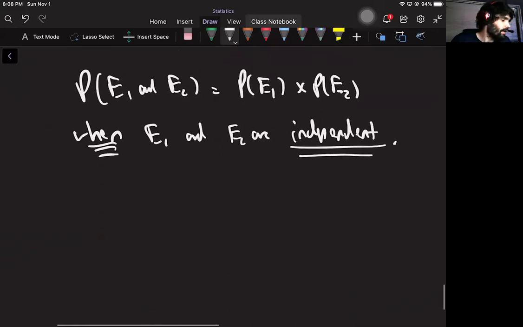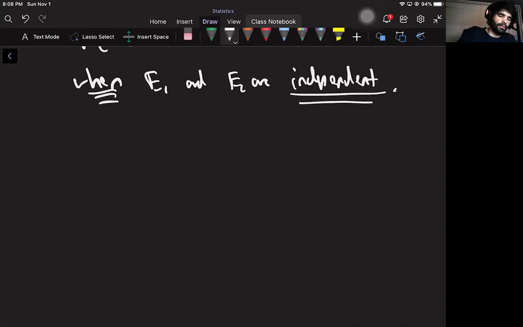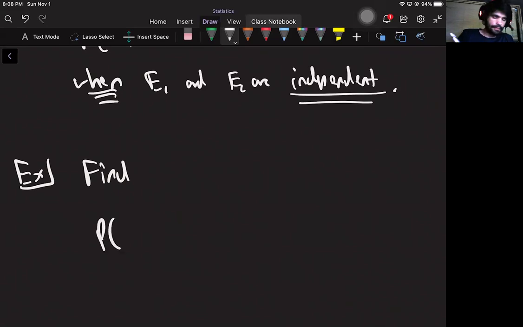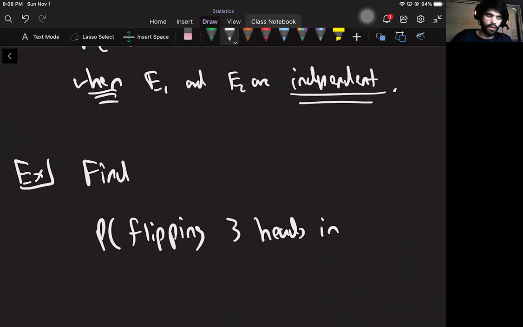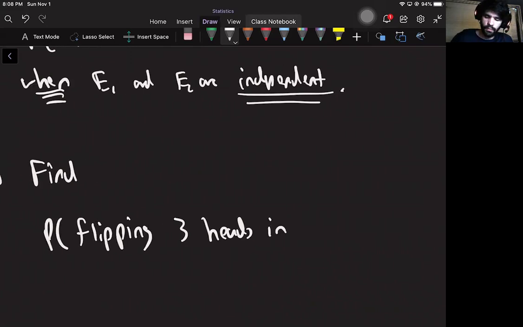Okay, so let's do some more examples and following other things. So for example, if I want to find the probability of, if I flip 3 coins and I get 3 heads in a row, 3 heads in 3 coin flips.